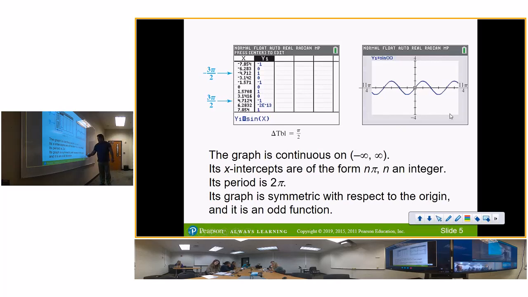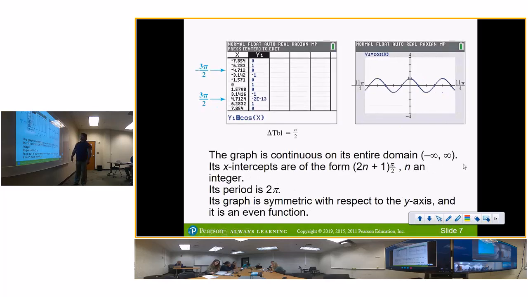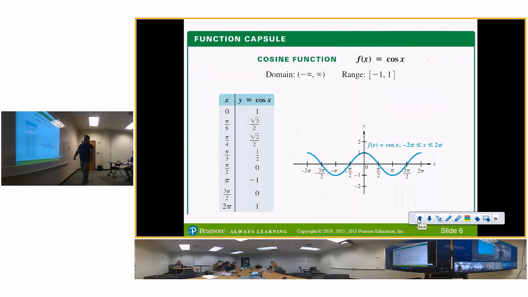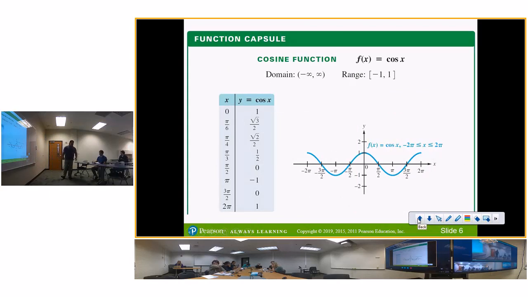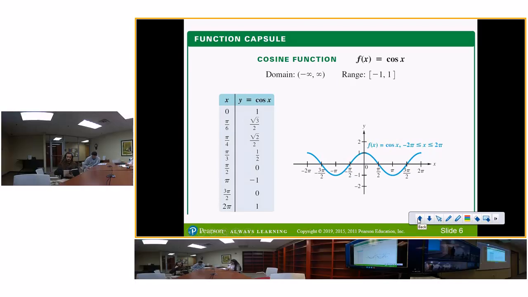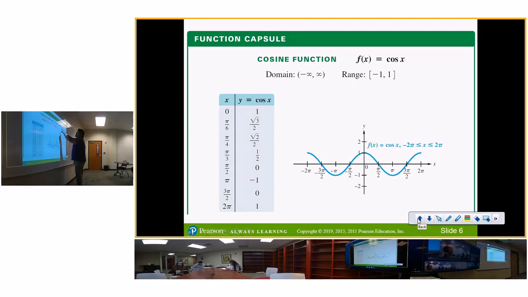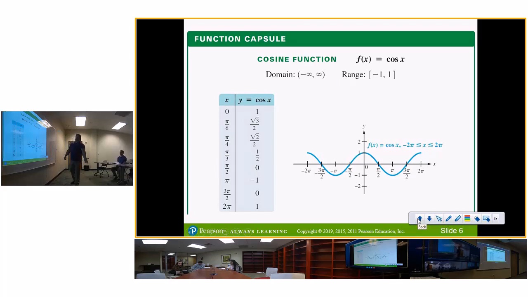Next. Again, your calculator, was that sine? Cosine. There we go. Here's your second function to put in your parent graph. Again, notice that the range is negative 1 to 1, like we already said. One revolution to the right, one revolution to the left.